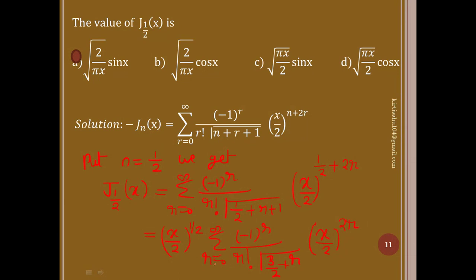Now what we do next, we will apply the sum. Applying the sum means putting r as 0, 1, 2, 3 like this. So we get this as J half of x is equal to x by 2 raised to power half.